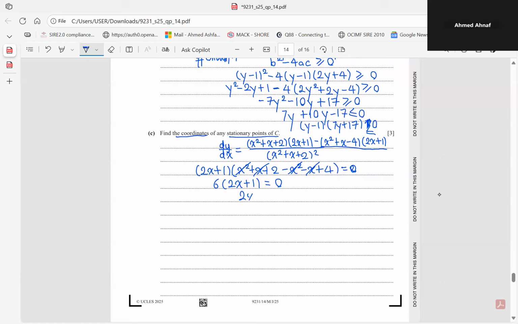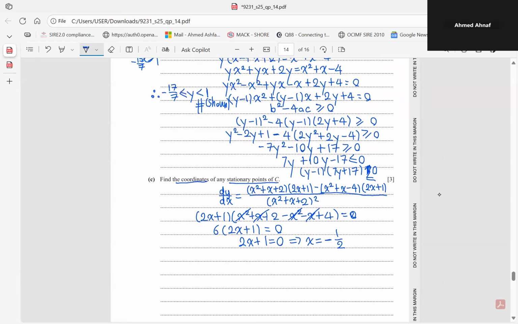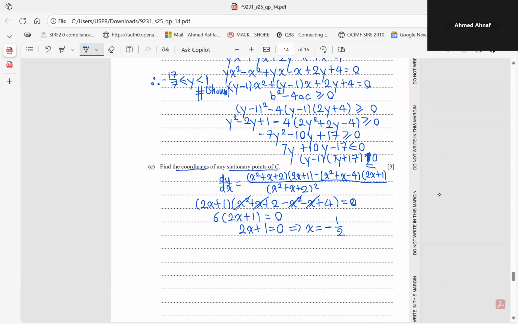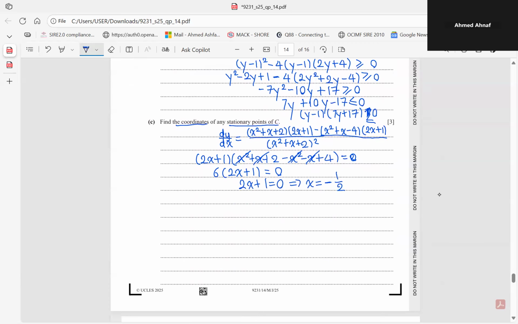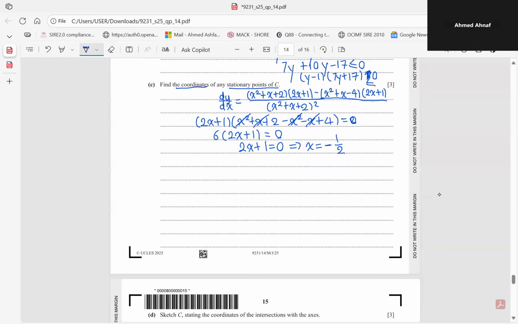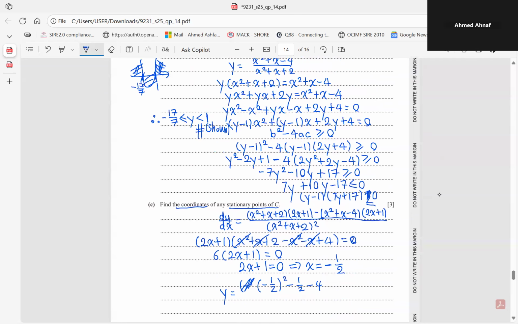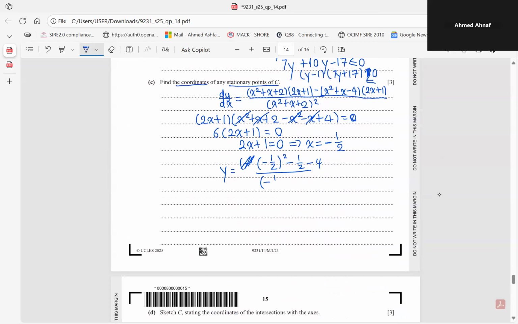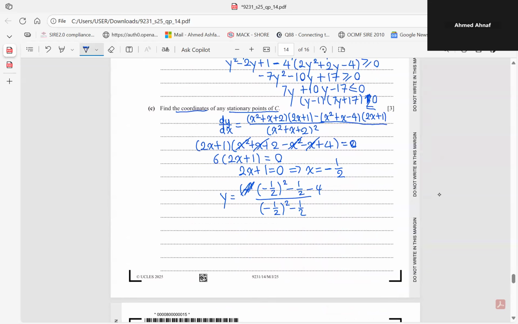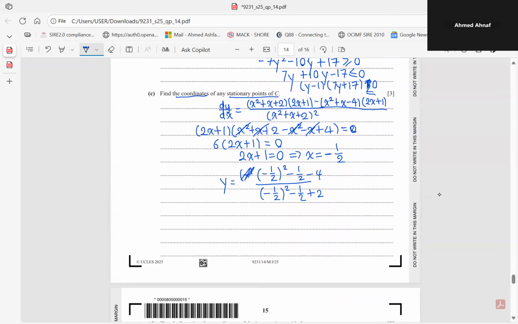So we'll get 2x plus 1 equals 0, and hence x equals minus half. Now let's substitute into the equation. y equals (x squared plus x minus 4) over (x squared plus x plus 2).